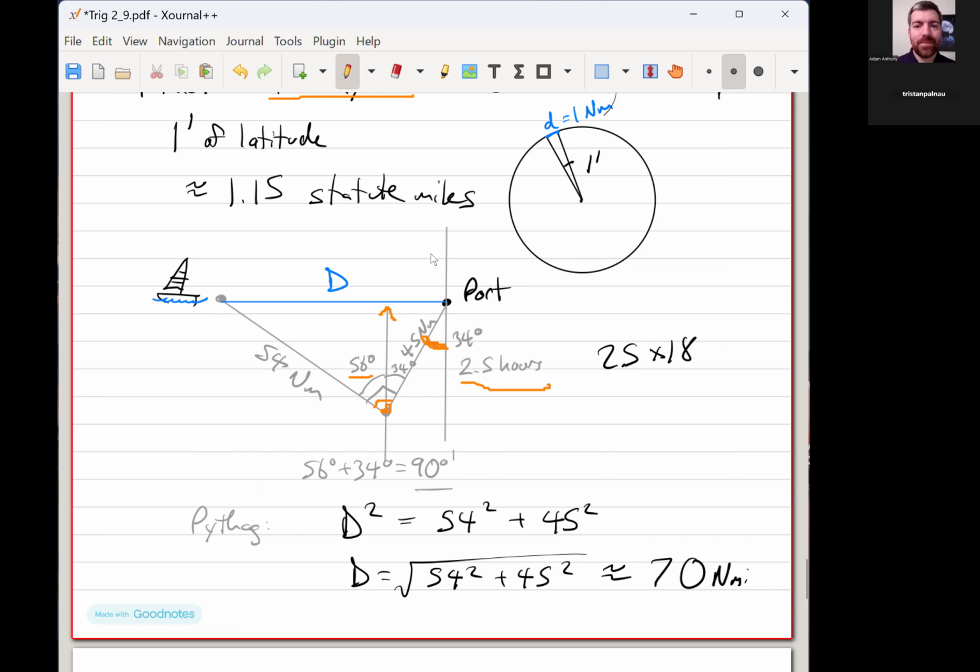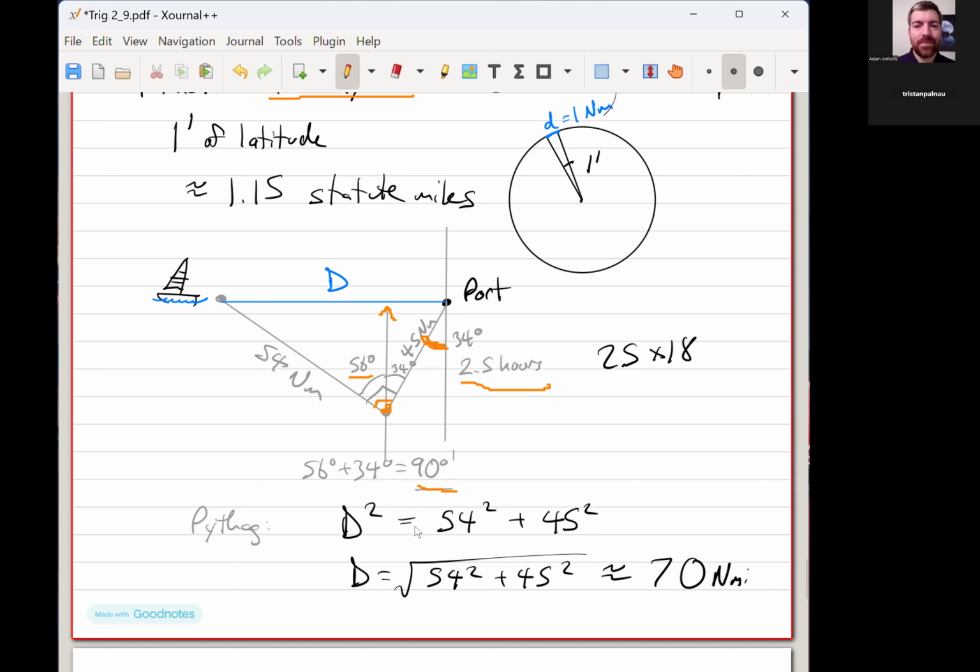The north-south line from port, the north-south line from the position of the boat after 2.5 hours. The path of the boat is a transversal. And so those alternate interior angles are the same. So this angle of the triangle in the bottom corner here has 56 and 34 added together to make up that angle. That happens to be 90. So again, a very nice situation for us.